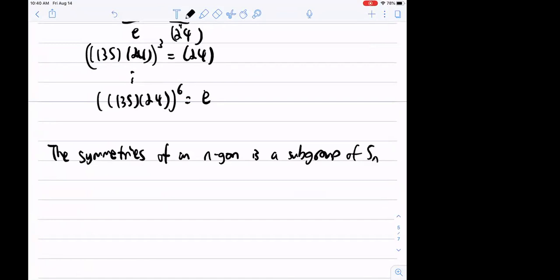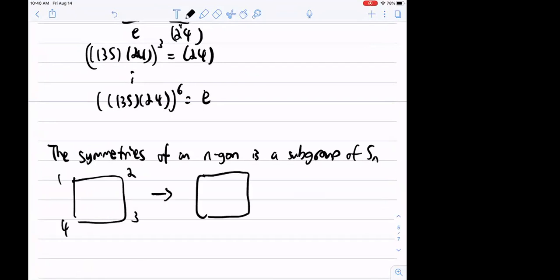So again, if I call this 1, I'll do 3 and then 4. If I rotate, you see that these are just elements of S4. So here, if I rotate 90 degrees, I get 1, 2, 3, 4.